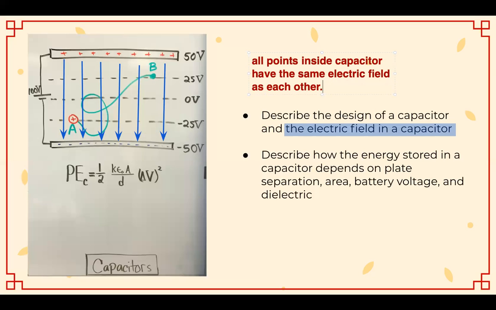So points A and B have equal electric field, because think of their field lines. A and B's field lines have the same density. They're not closer together at A or farther apart at B. Since they're the same distance apart, they have the same field magnitude.